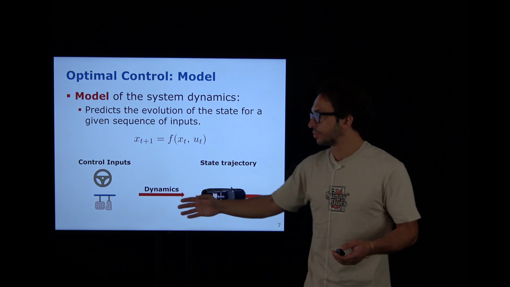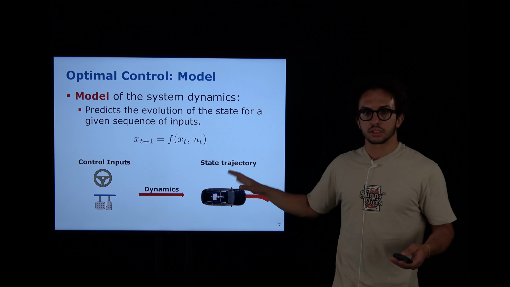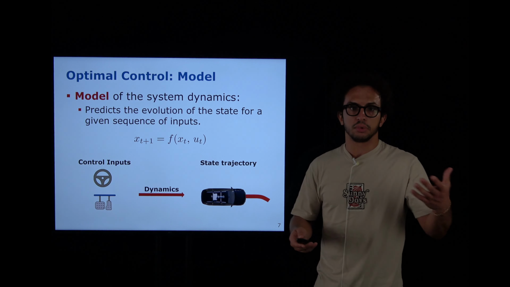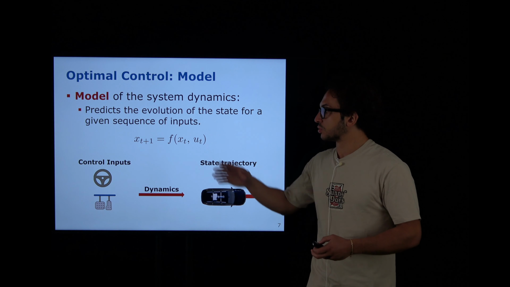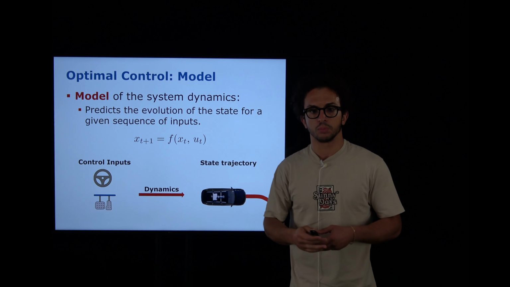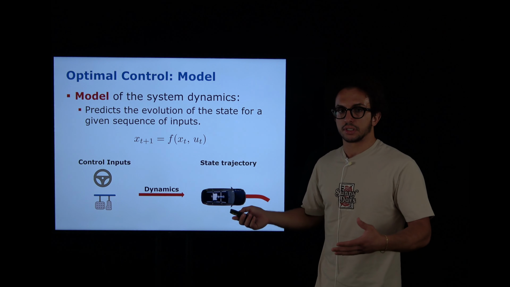We have some control inputs that steer a certain dynamics, and it affects the state trajectory. So in this case, it's a car, but obviously this is just an example, it can be anything. So this is what predicts the evolution of the state. It's this prediction we've been talking about, and we want to control the system.